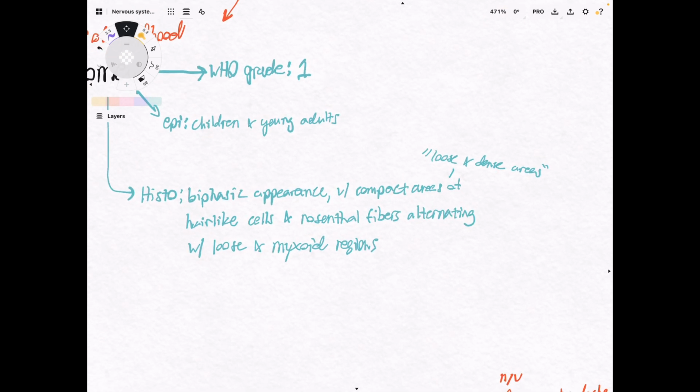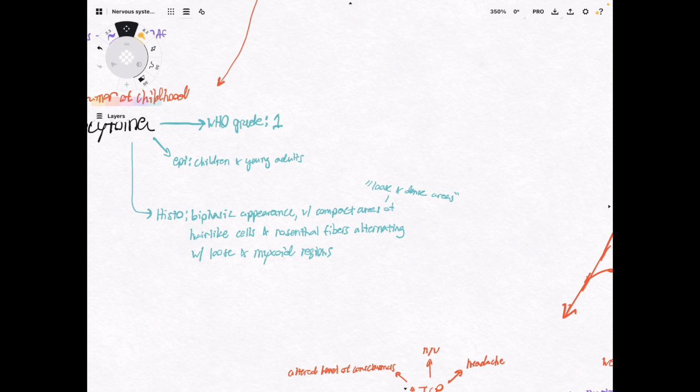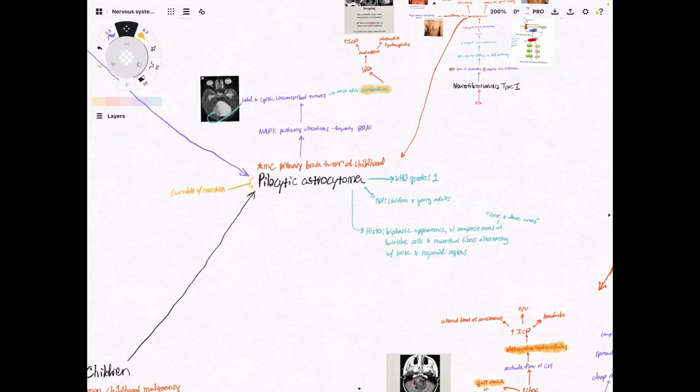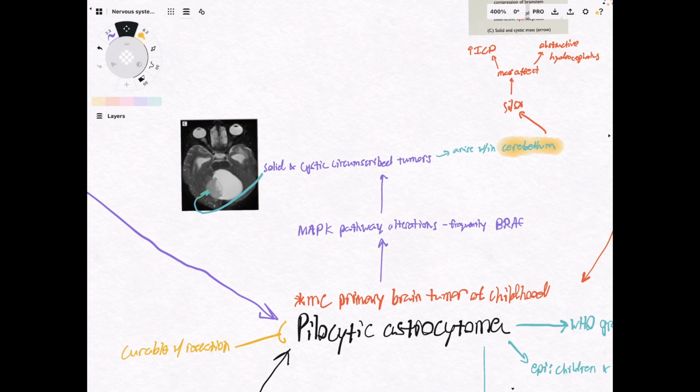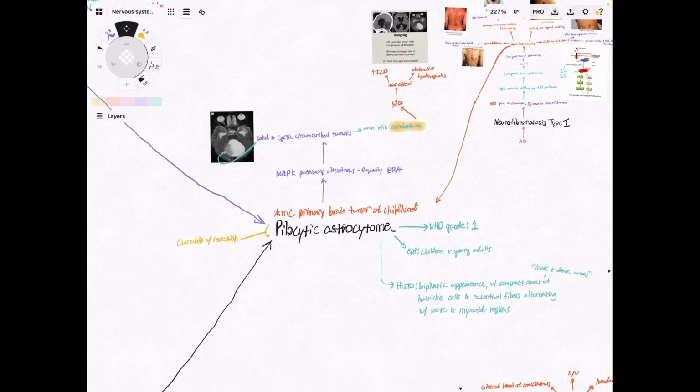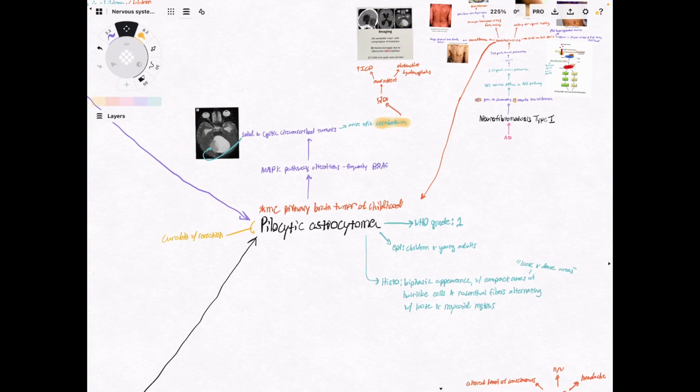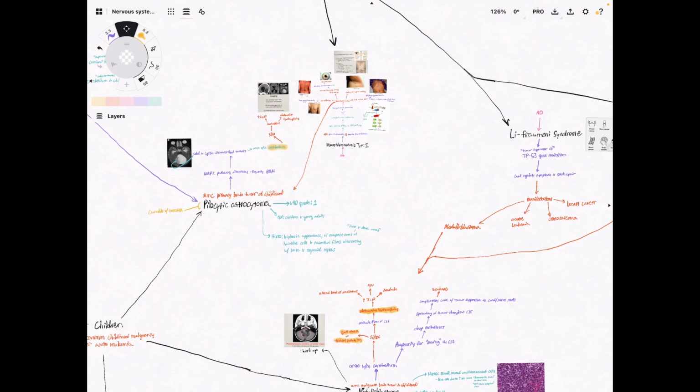On histology, it is shown as biphasic appearances of compact areas of hair-like cells and Rosenthal fibers alternating with loose and myxoid regions. I know that's a lot of big words. Just know that it's very loose and dense areas. And this goes very well with solid and cystic parts of the tumor. So loose and dense, solid and cystic.